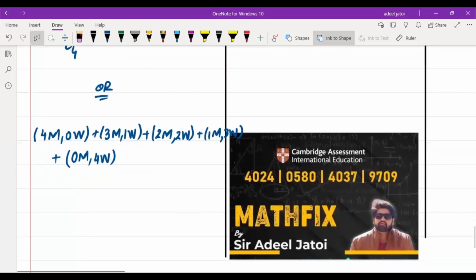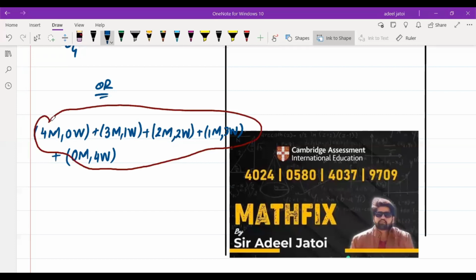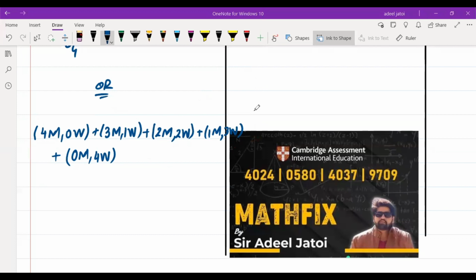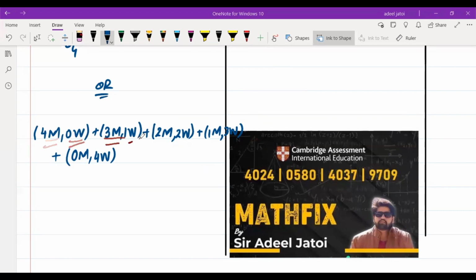Now, when we think about this, the entire options are basically what? 10C4. That means 10C4, which we already knew was 210, comprises the entire options: 4 men 0 women, 3 men 1 woman, 2 men 2 women, 1 man 3 women, 0 men 4 women.